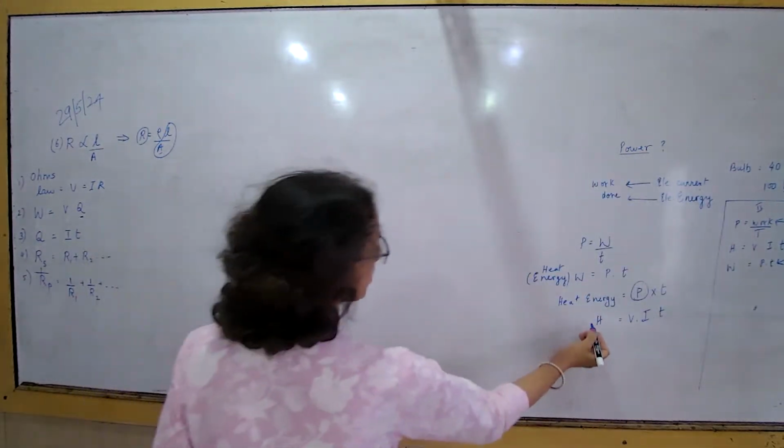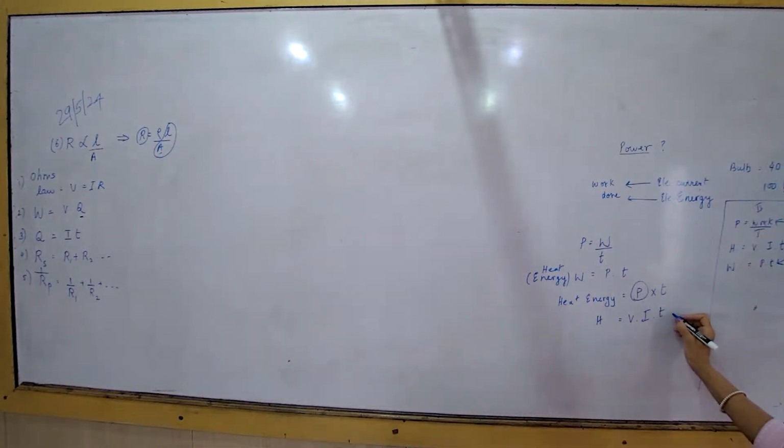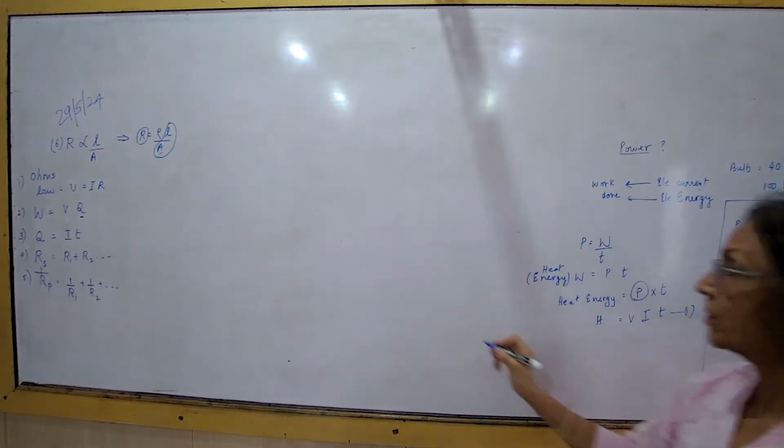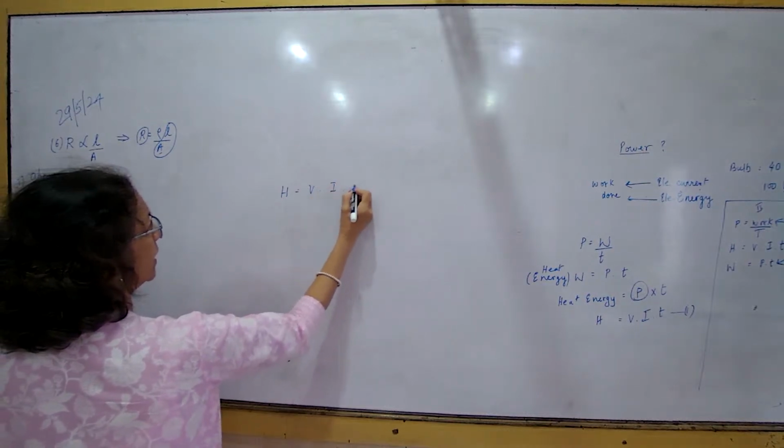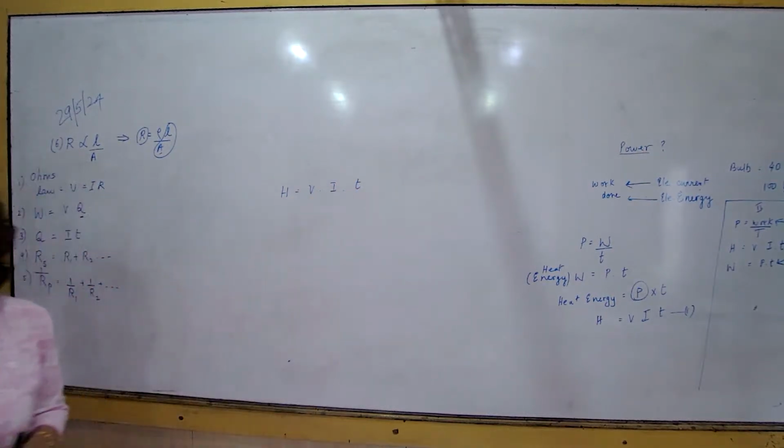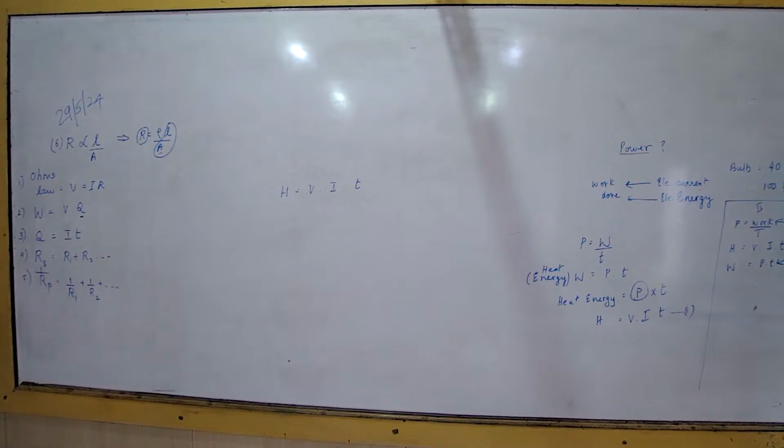Let me call this sub-equation number 1. So I have H is equal to V into I into T. Can we make use of Ohm's law? What is Ohm's law? V is equal to IR.